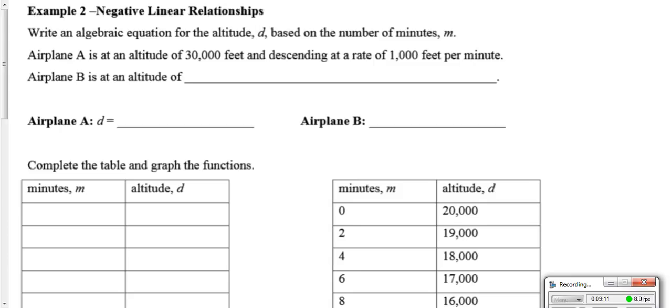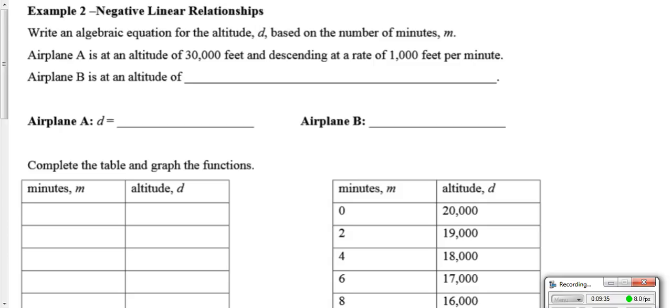So for our second example, we're going to write an algebraic equation for the altitude d based on the number of minutes m. We have airplane A at an altitude of 30,000 feet and descending at a rate of 1,000 feet per minute. Airplane B is at an altitude of 20,000 feet, and I started reading my answer key.